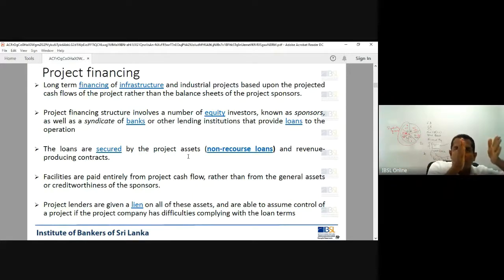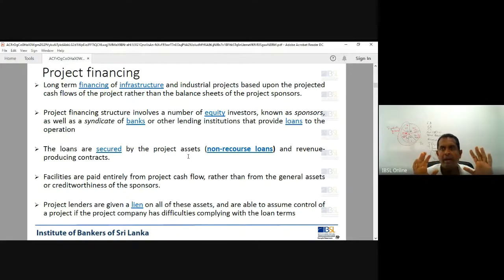So security would be the project assets and the income generating contracts, not the assets of the sponsors. In case of a default, we will go behind the project assets, not behind the sponsors. That is what we call non-recourse loans.